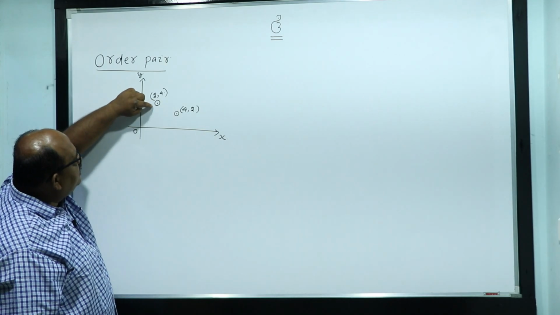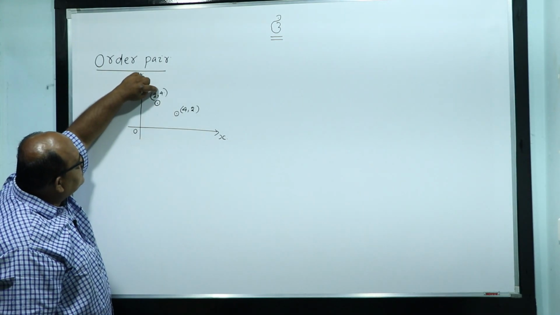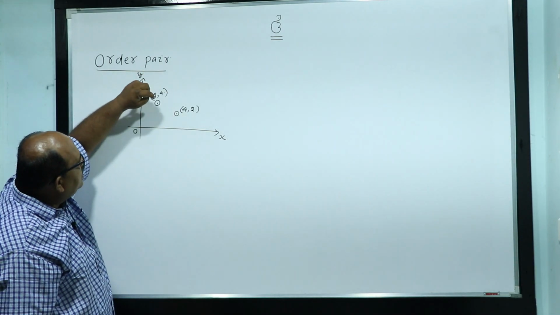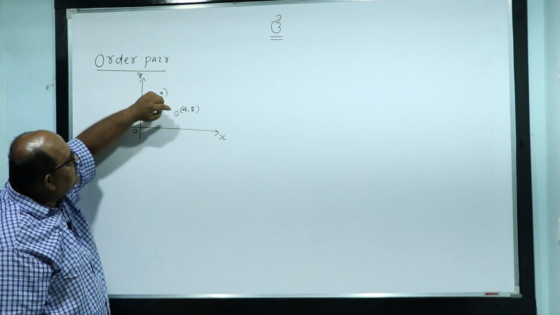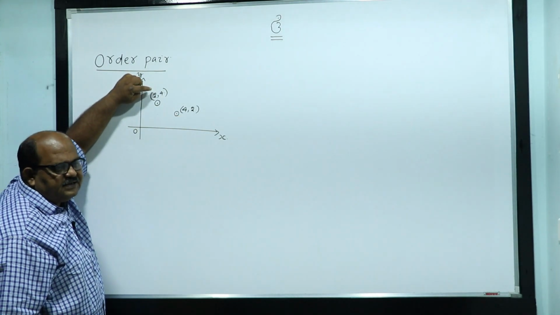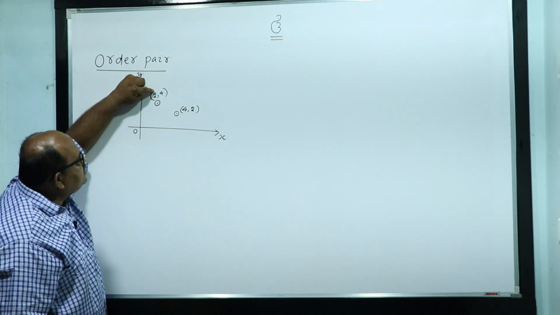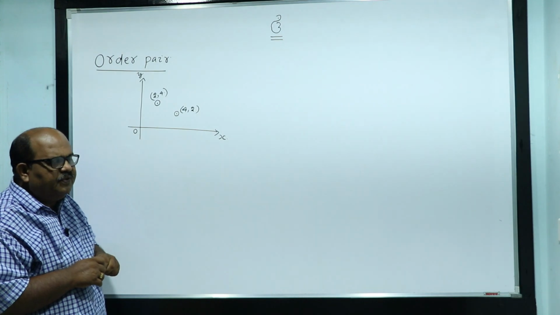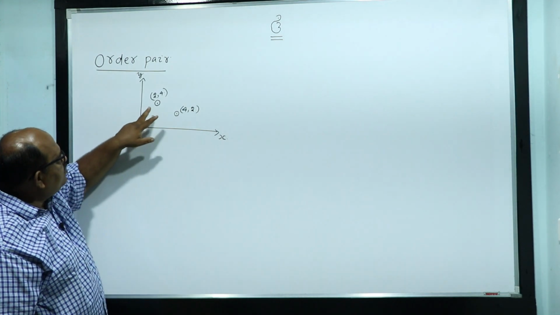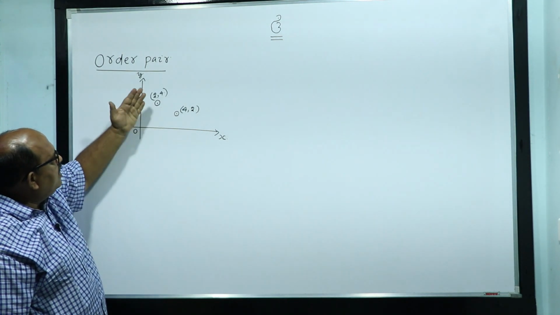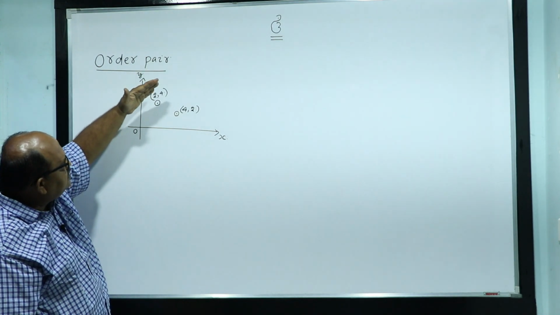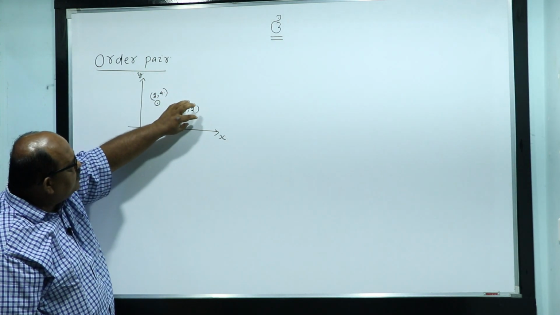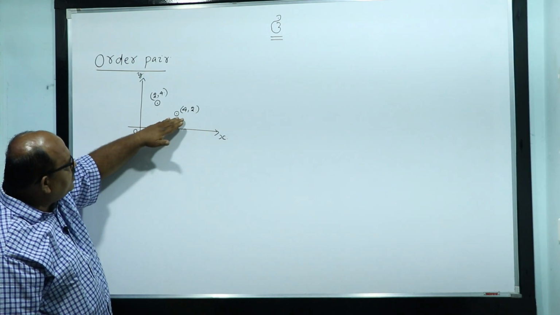They represent different points. Elements are the same, 2 and 4, but the order of arrangement is different. In the first case, the order of arrangement is 2, 4, and in the second case, it is 4, 2. So they represent two different points. When the order is changed, we get a new entity or new point.